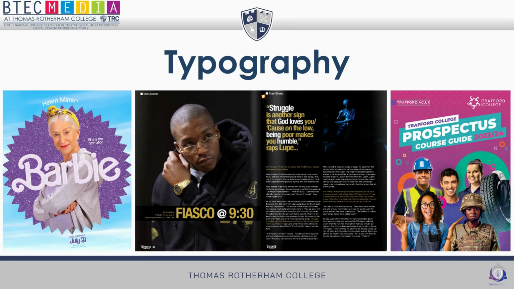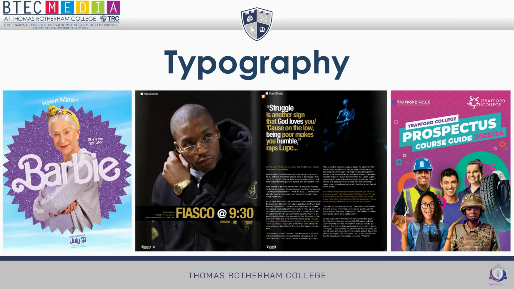The size of a typeface is an easy way of creating emphasis. So for example, you've got the Barbie poster on the left hand side. Obviously the most important piece of text is the title Barbie, hence why it's the biggest. The Trafford College Prospectus course guide is the biggest piece of text on there because it is a title, therefore it's important.